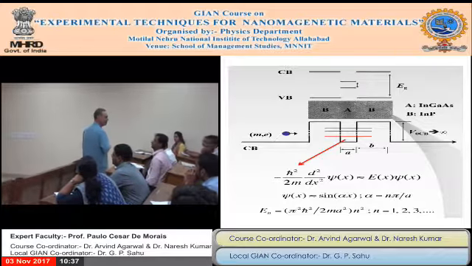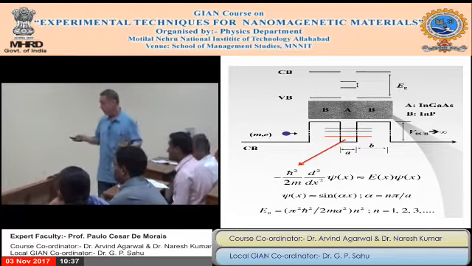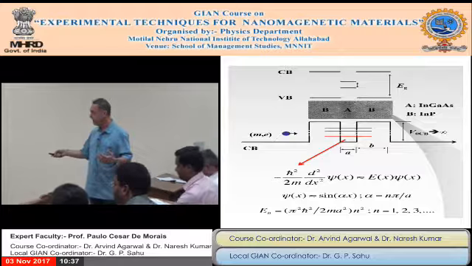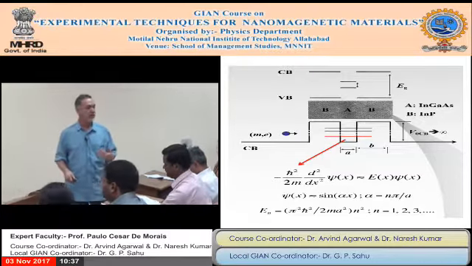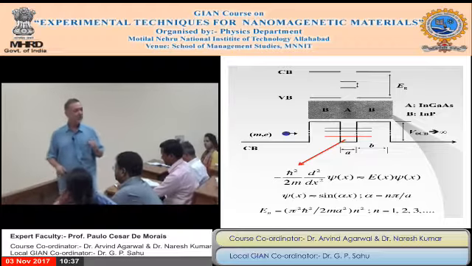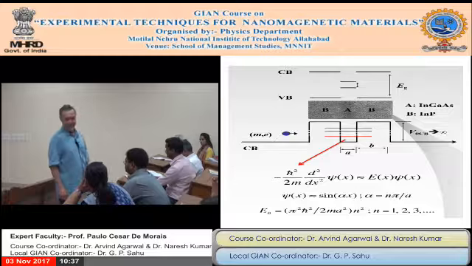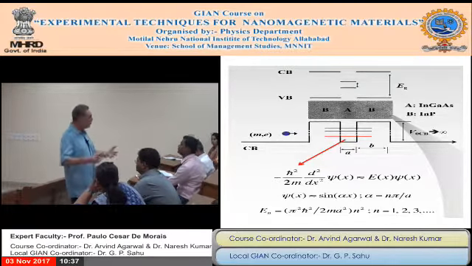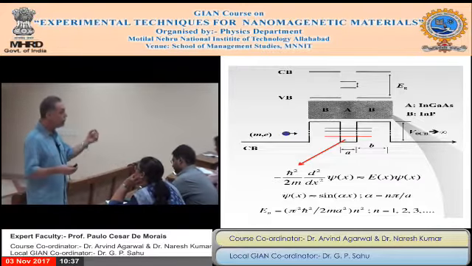Amazing. Once you have this concept, then you can solve the Schrödinger equation using not the free electron mass, but the effective mass. More important, you can measure the effective mass in the lab. You can perform simple experiments and measure the effective mass.